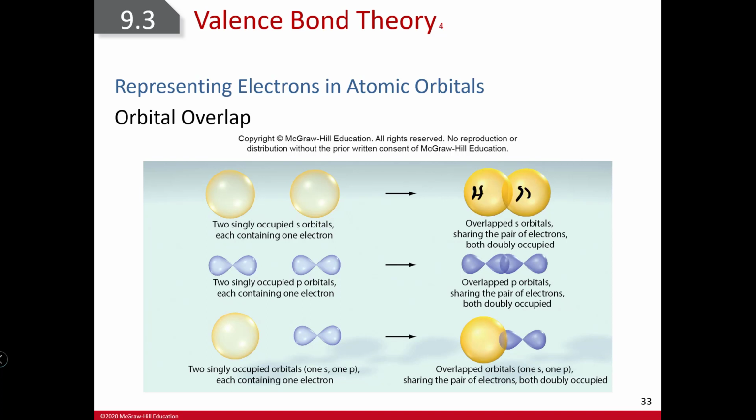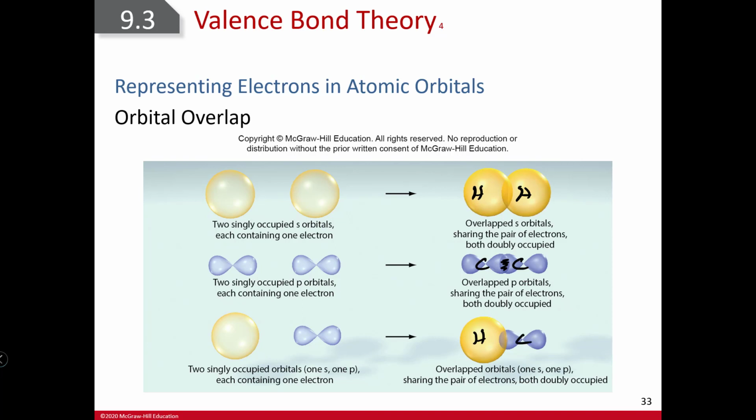All right. Here we could have, let's say, carbon and another carbon overlapping, the p orbitals of the 2p overlapping here. And then we could have a hydrogen overlapping with the p orbital of a carbon here.